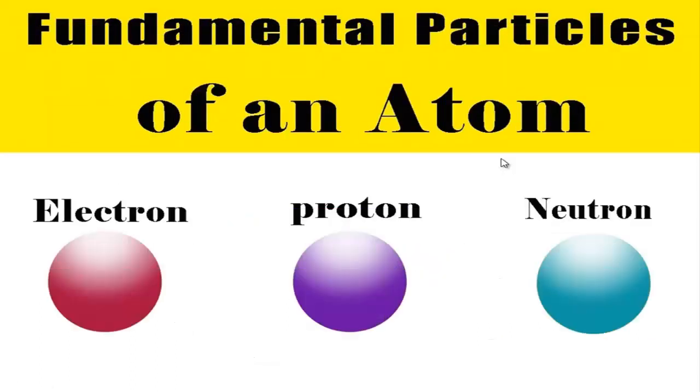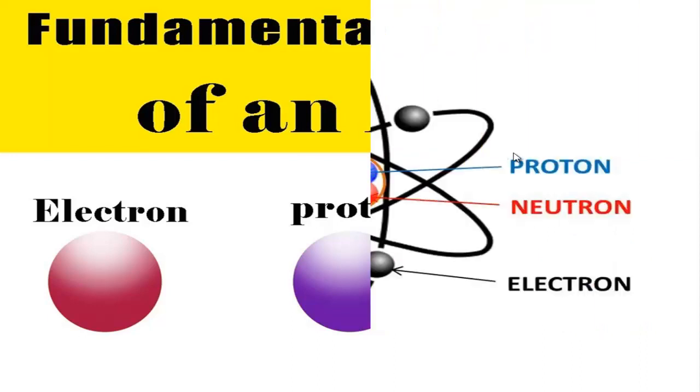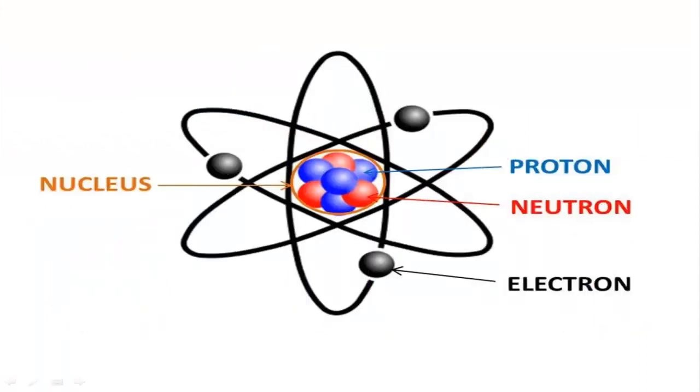So there are three fundamental particles present in an atom. They are electron, proton and neutron. But how are they located inside the atom? Follow this picture. This is the structure of an atom and this is the center of an atom, and this center is called the nucleus. Inside the center there are protons and neutrons.